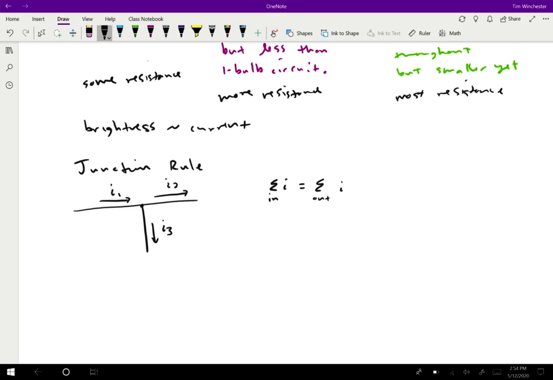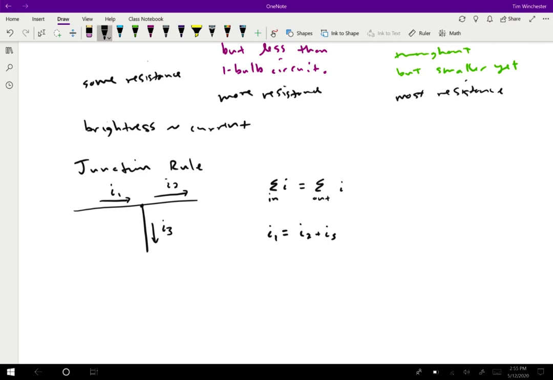Any current that goes in has to go somewhere. So in this case, as I've drawn it, I1 is the only one in, and that's got to be equal to I2 plus I3.